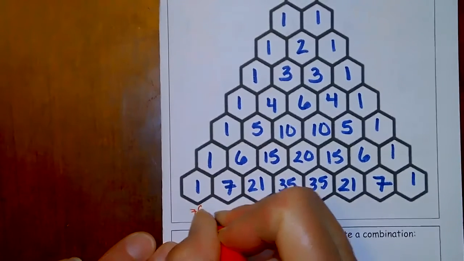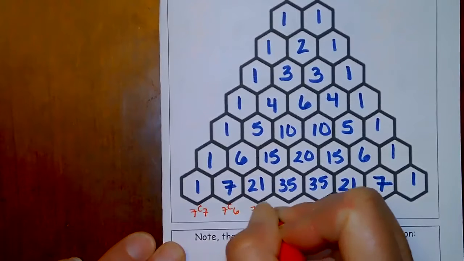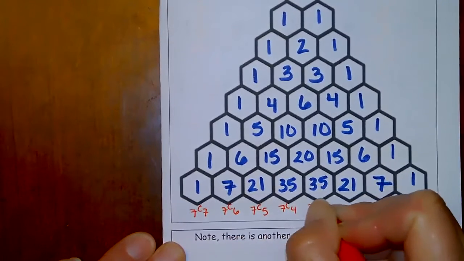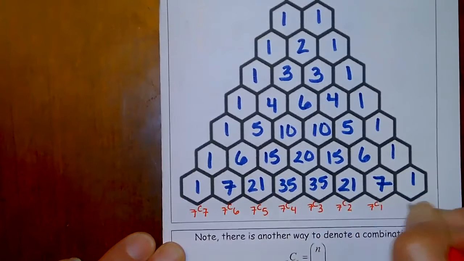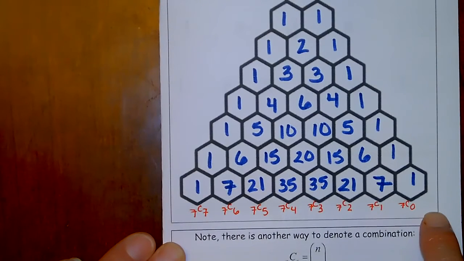So 7 choose 7, 7 choose 6, 7 choose 5, 7 choose 4, 7 choose 3, 7 choose 2, 7 choose 1, 7 choose 0. So again, this whole row is 7 choose 7 down to 7 choose 0. Okay?